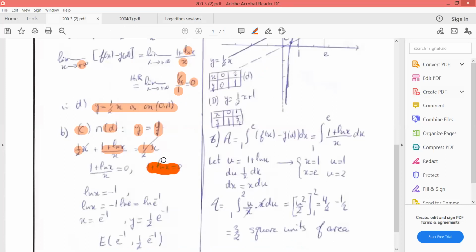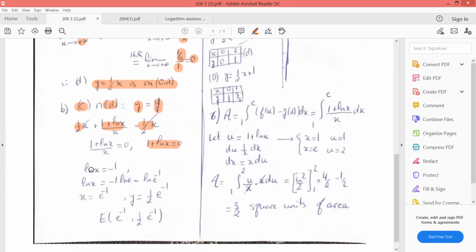To find x, I put ln x equal -1. The equation contains ln, so I put ln x equal -1 times ln e, which is 1, so ln x equals ln e to the -1. So x equals e to the -1.